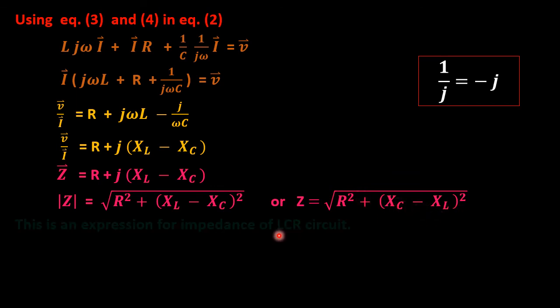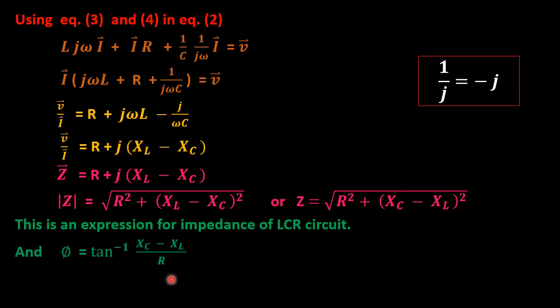So this is the expression for impedance of LCR circuit. And from here, we can write phase angle phi equals tan inverse of XC minus XL by R. The same expression for impedance and for phase angle we have already obtained from the phasor diagram also.